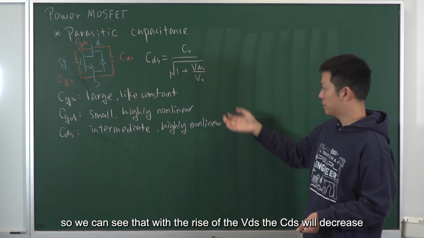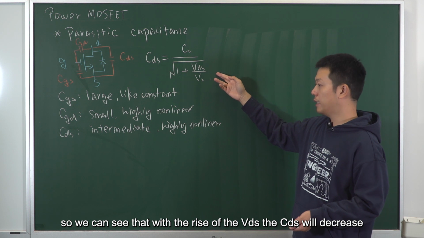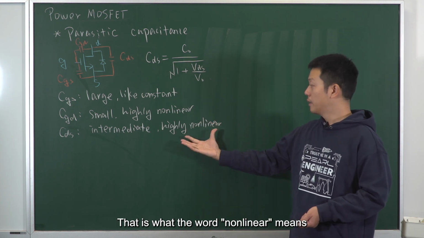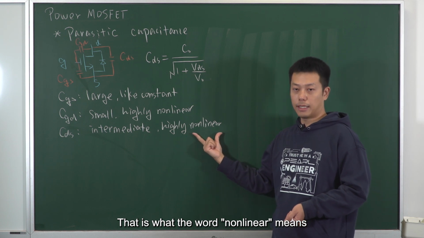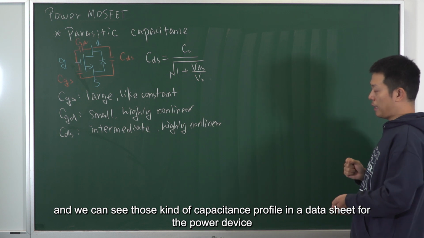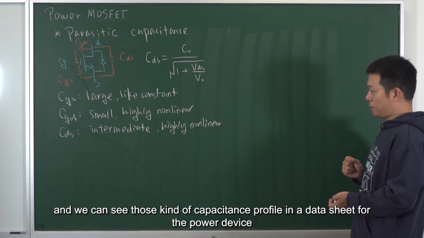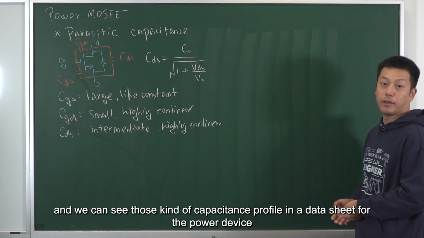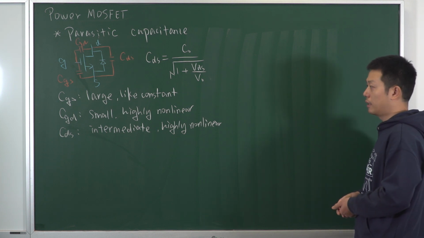So we can see that with the rise of VDS, the CDS will decrease. That is what the word nonlinear means. And we can see those kinds of capacitance profiles in the datasheet for the power device.